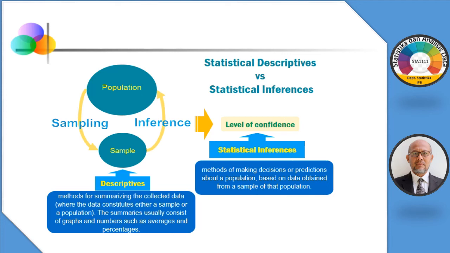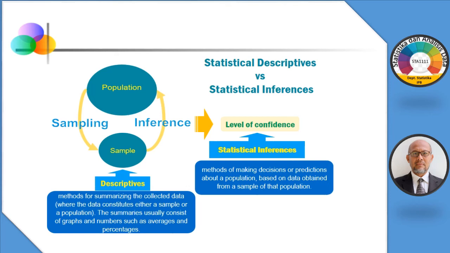Well, take a look at the graph in this slide. From the population, you take the sample using a sampling technique, and from the sample you will get the data, and then based on the sample data, you describe it with descriptive statistics.